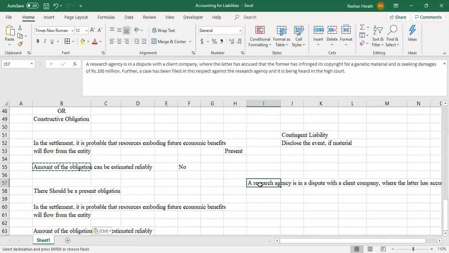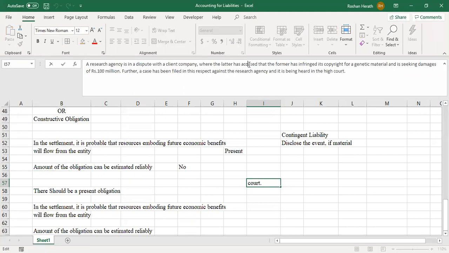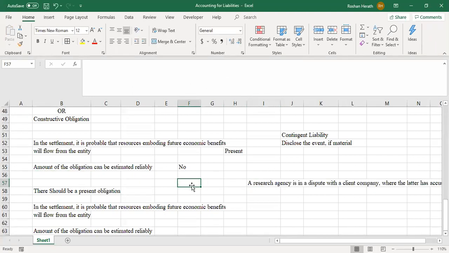You need to assess that particular obligation, whether that is the case. Here, it's a kind of accusation. It's not something confirmed. They simply accuse that the research agency has violated the copyright, but that does not mean that they have an obligation. It is something that the court would decide.